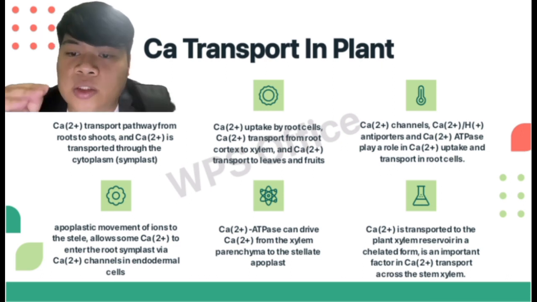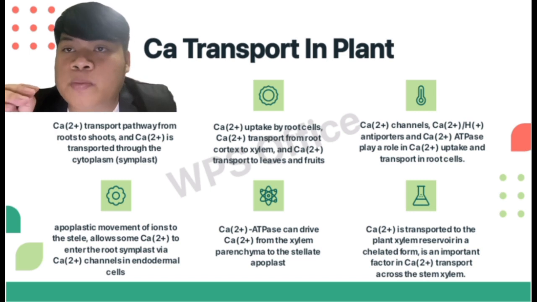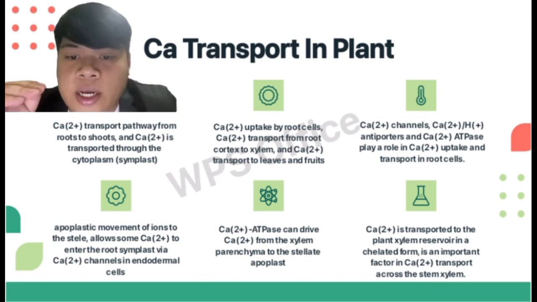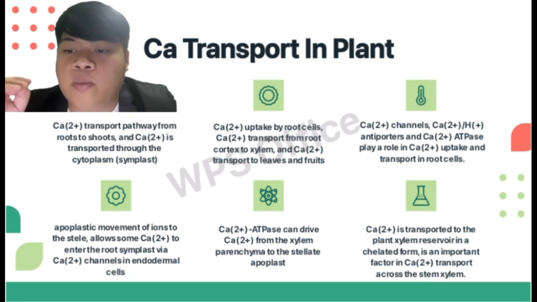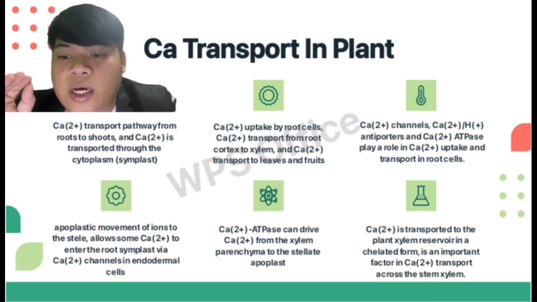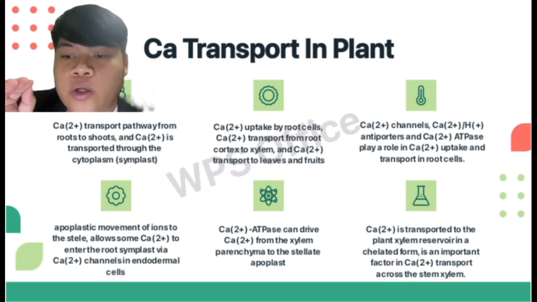In order to be transported from the root surface to the xylem, calcium must pass through the epidermis, endodermis, and parenchymal cells. The endodermal Casparian zone, the major barrier to apoplastic movement of ions to the stele, allows some calcium to enter the root symplast via calcium channels in endodermal cells and enter the xylem, reaching the soft tissue.